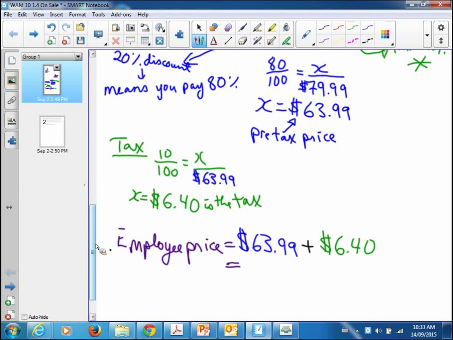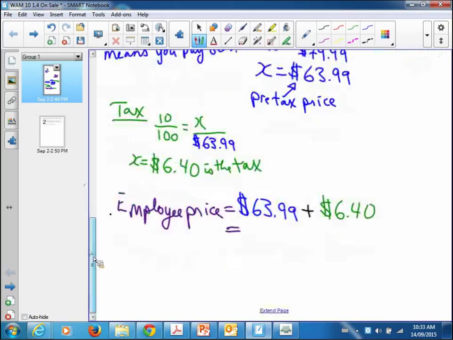And I'll add it up, $70.39. That's what he's going to pay for that item. $70.39 is what the price is.